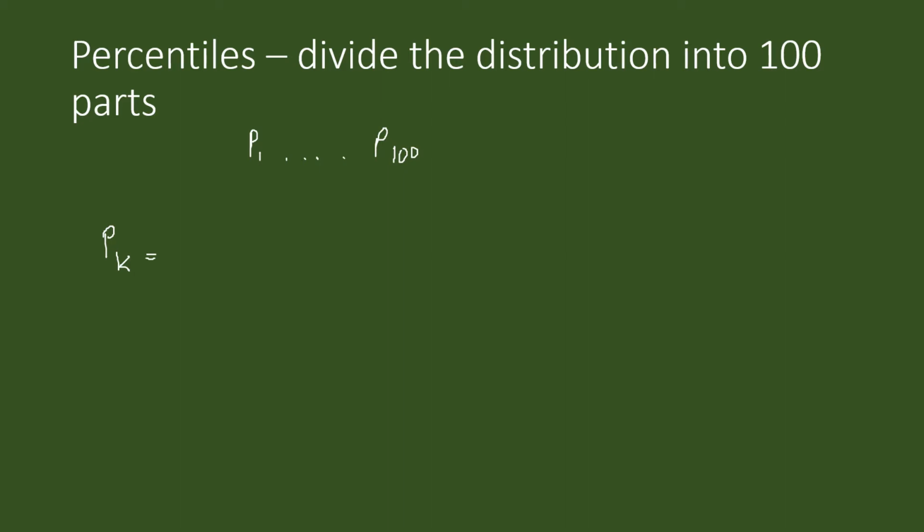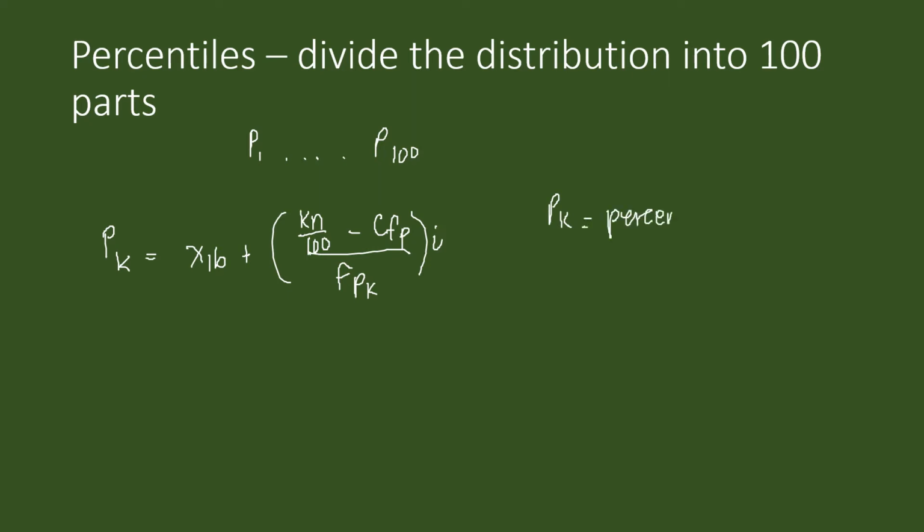A certain percentile is equal to the lower boundary plus Kn over 100 minus CFP over F of Pk times I. Remember that Pk is the percentile class that you are solving.